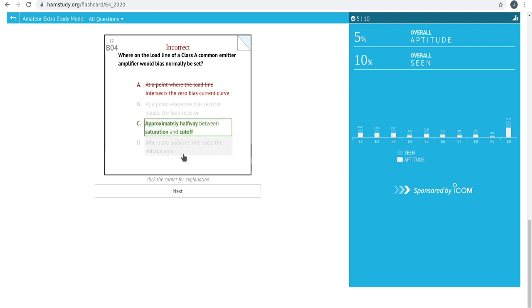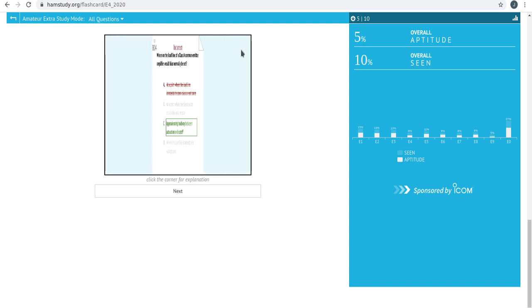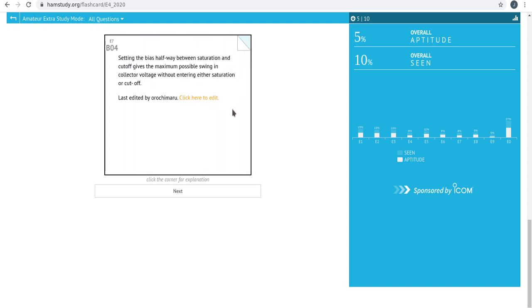I'm just getting them all wrong. It's not our night. C, approximately halfway between the saturation and the cutoff. Setting the bias halfway between saturation and cutoff gives maximum possible swing in the collector voltage without entering either saturation or cutoff. Okay.